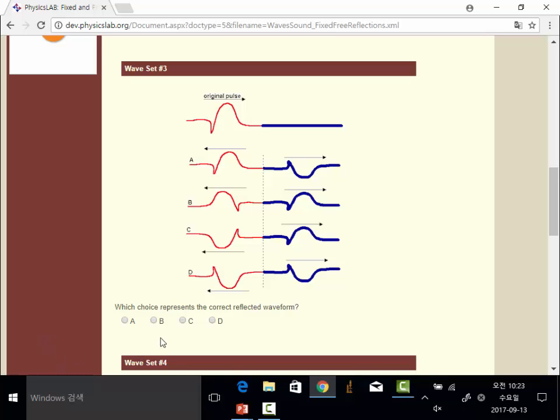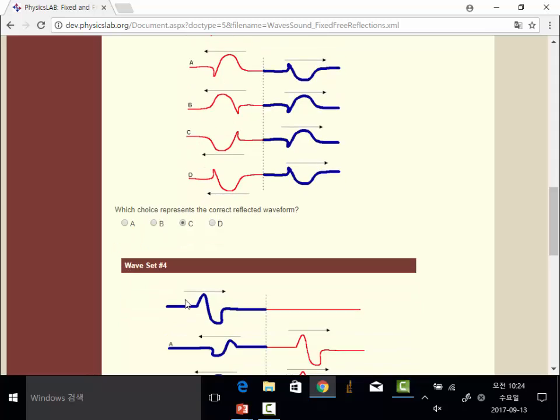C? You agree? So this gets inverted, and the transmitted one also keeps the same shape.